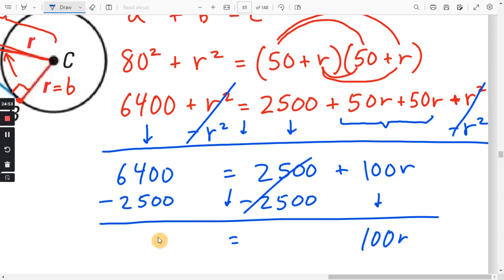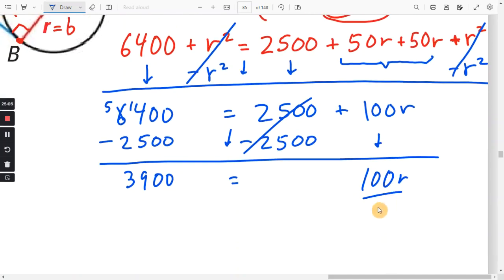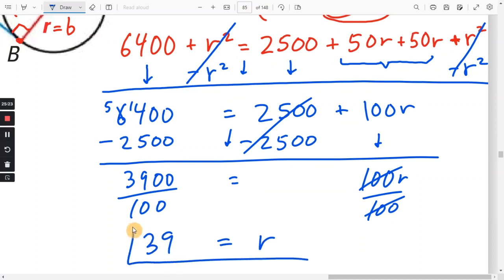And this is going to be, let's see, 14 minus 5 is 9, and 5 minus 2 is 3. So 3,900 equals 100 times R. The opposite of times 100 is divided by 100. It cancels here, and dividing by 100, you just drop the 2 zeros. So 3,900 becomes 39. And that is my radius.